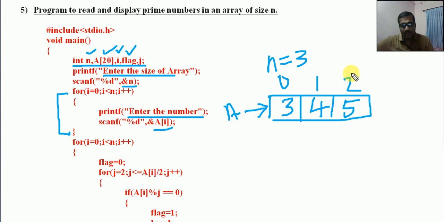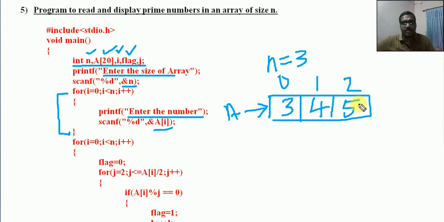Similarly, come to the second location, check whether 5 is prime or not, print that. That's all. Just like in the previous example, where we were checking whether each and every number is even or not, similarly here with each array element, we need to check whether this element is prime or not. So we need to apply the prime logic for each of the elements present in the array.